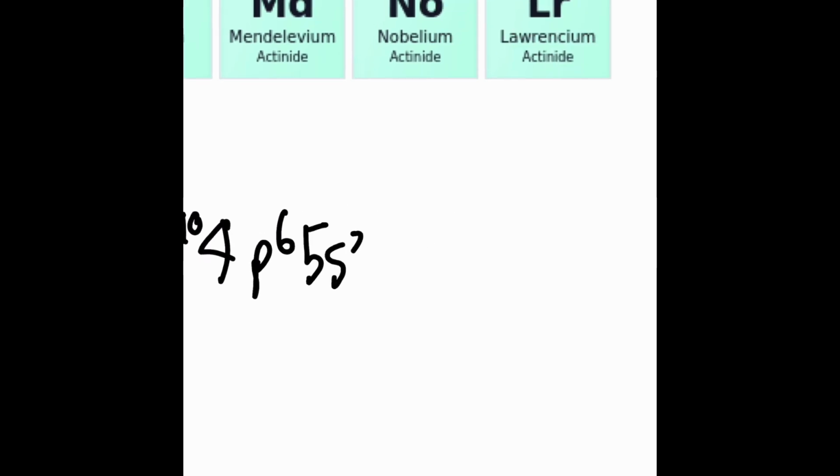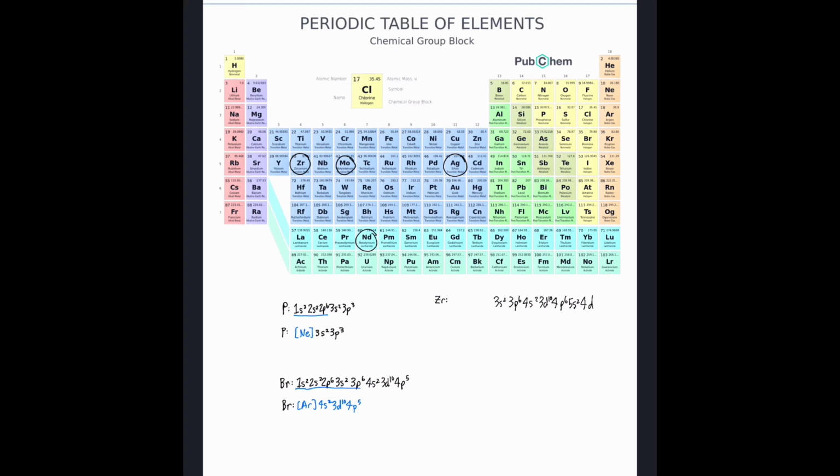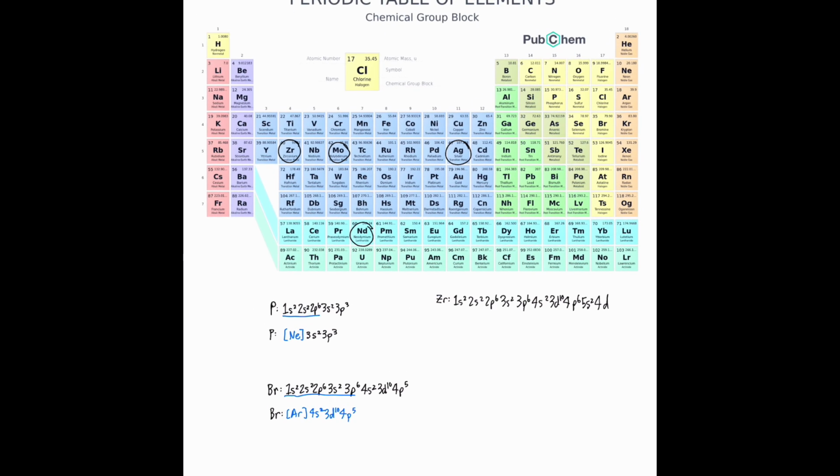4p6, 5s2, 4d. All right, so let's just do that with our highlighter here. 1s2, 2s2, 2p6, 3s2, 3p6, 4s2, 3d10, 4p6, 5s2, and now we are at 4d2.